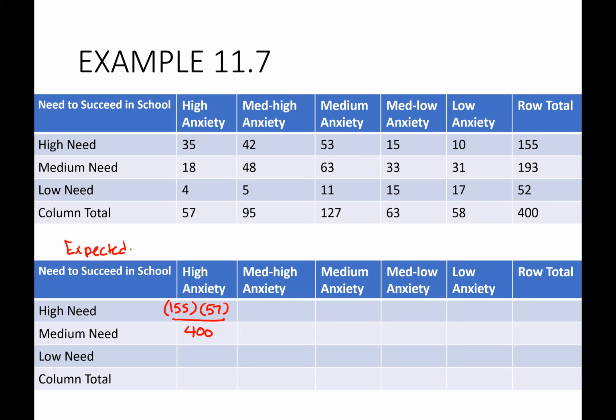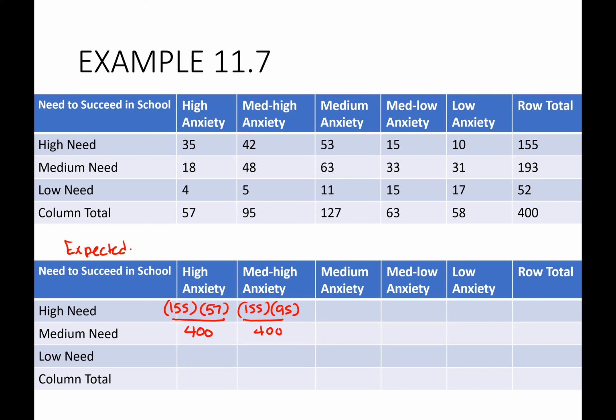So that first category, high need, high anxiety, would be 155 times 57 divided by 400. The next one would be 155 times 95, times the column total, divided by 400. Let's put it down here.